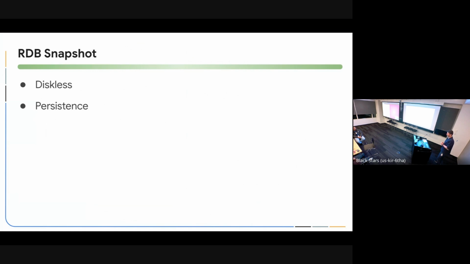We support RDB snapshot. We support both diskless and persistent. Diskless refers to the RDB snapshot which is created to satisfy the full sync, and persistent is the opposite, to disk.